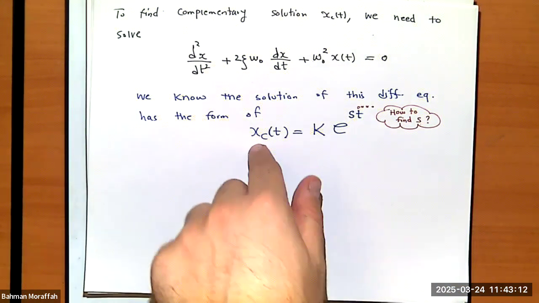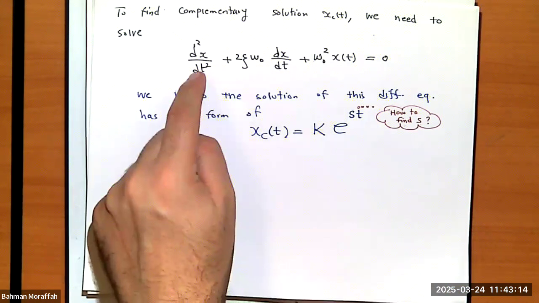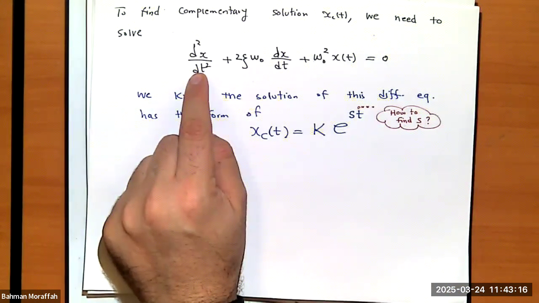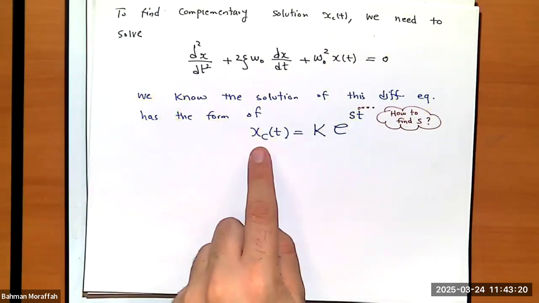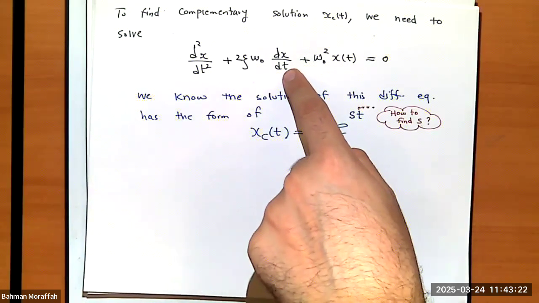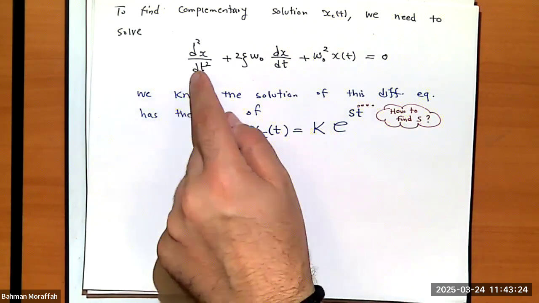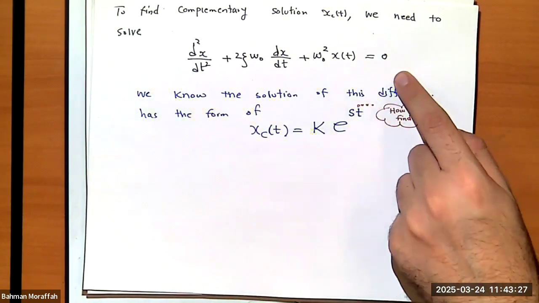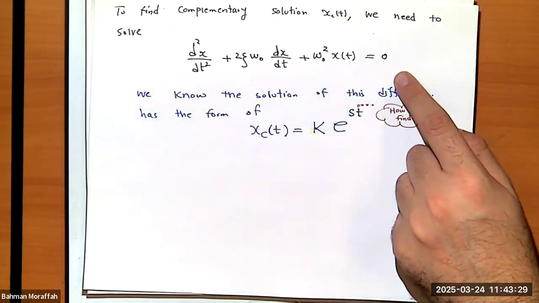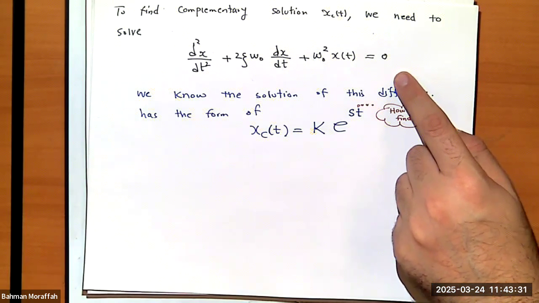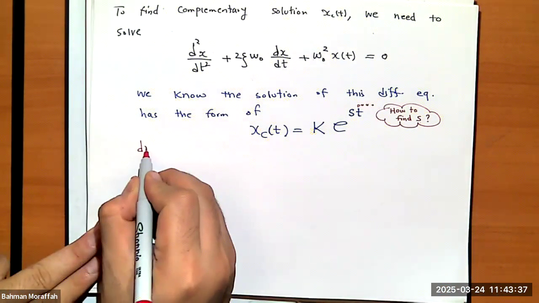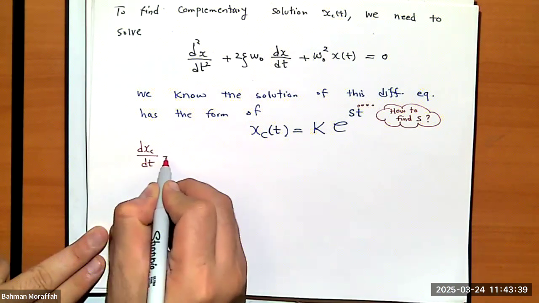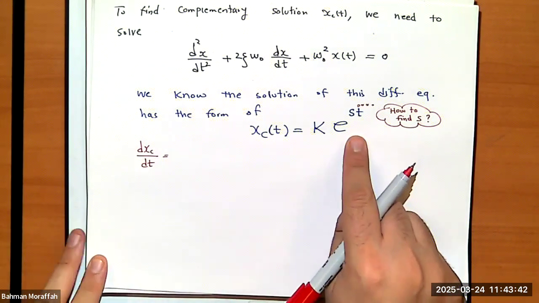Remember, this xc of t is indeed a solution to this differential equation. So if I find the second derivative and the first derivative of this xc and plug them into this differential equation, it must satisfy this equation, right? So let me quickly find the first derivative of this xc. What is the first derivative?